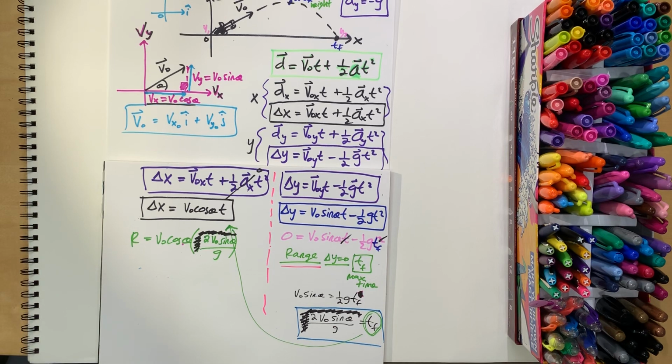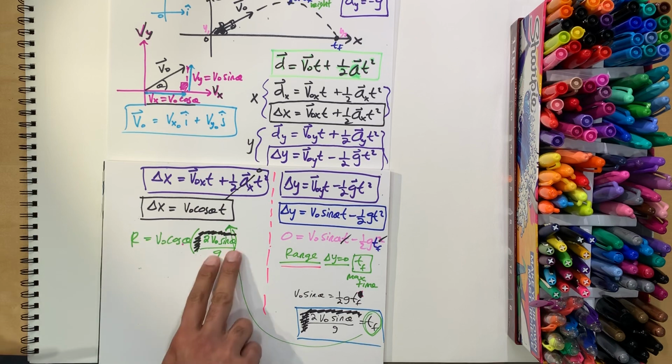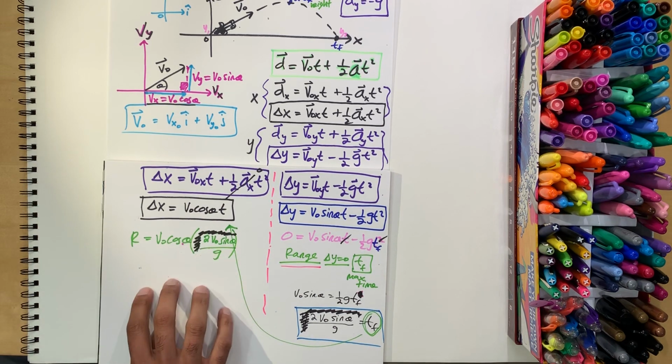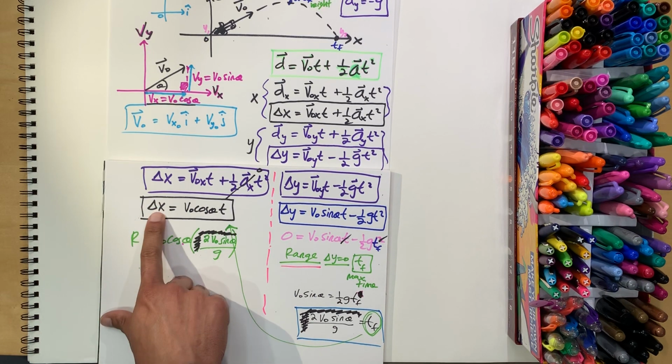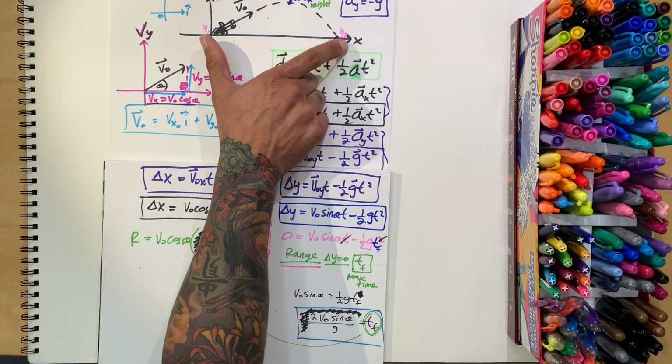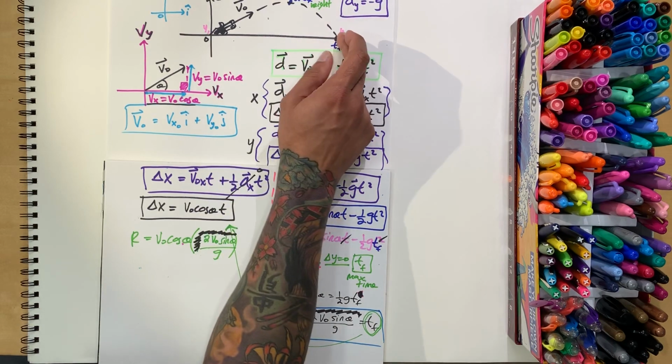Sorry about that. All right, so now let's write this range equation down here. And remember, this change in x can be the range if your second value, like x2, is all the way where the projectile comes back down.